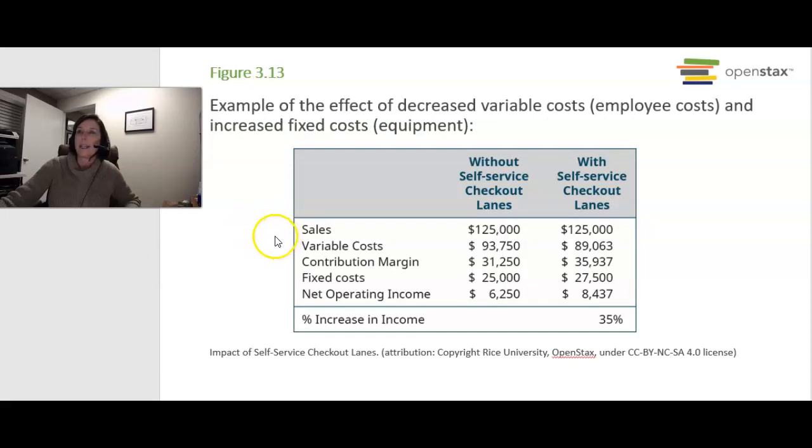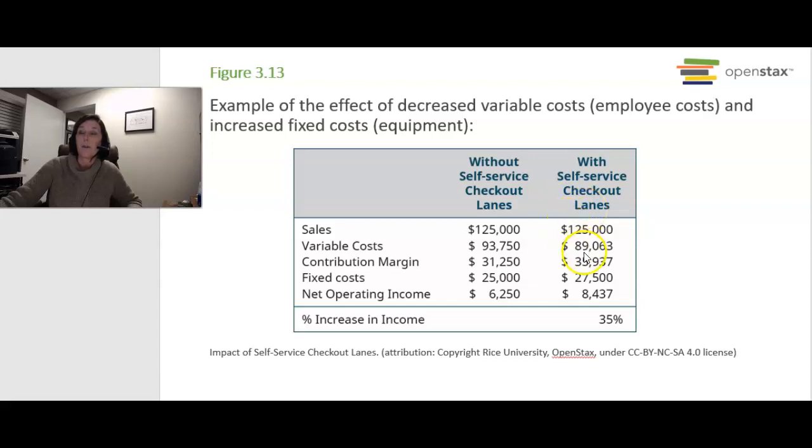Again, another example, and this sort of looks at the difference between automation, using machines to do a job that otherwise a human would do. And so this is a grocery store example that didn't have self-service checkout lanes, and this is one that did have self-service checkout lanes, both selling the same amount.